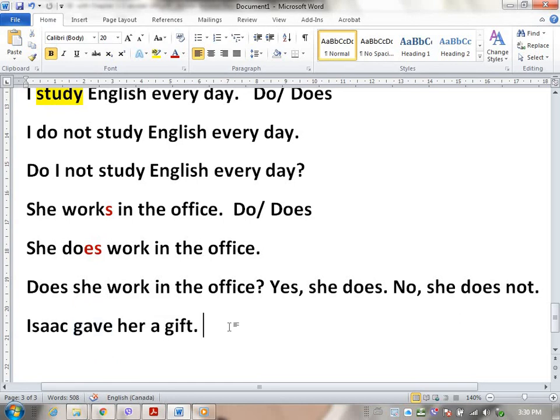Then I'm looking here for did. The good thing with the past is that did doesn't change with any subject, I, he, she, or it. Then I'm going to say, Isaac did, and because this is in the past, I have to change the verb to the infinitive, give. Isaac did give her a gift.